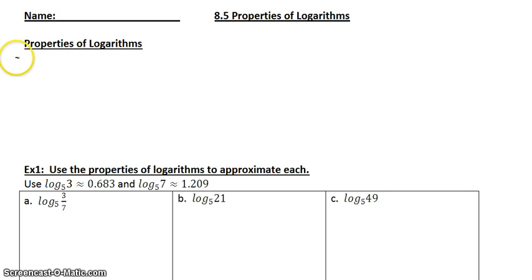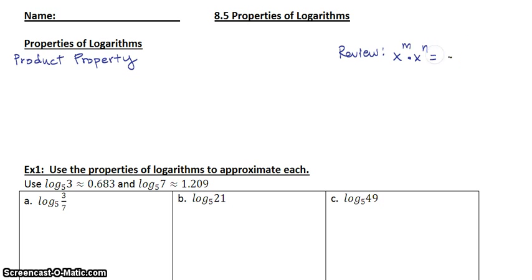The first one is called the product property. I want to remind you of the product property we had when we were doing exponents. So remember from your past in chapter 7 when I had something like x to the m times x to the n.